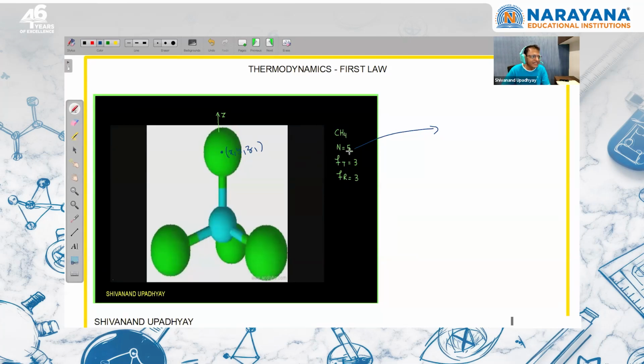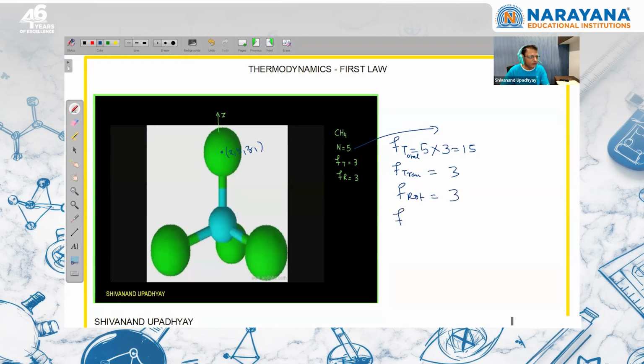So with 5 atoms, each with 3 degrees of freedom, the total degree of freedom should be 15. The translational degree of freedom is equal to 3 because it is related to the center of mass. Then rotational, since this is a non-linear molecule, will be 3.